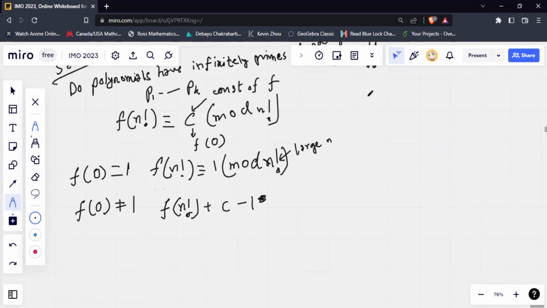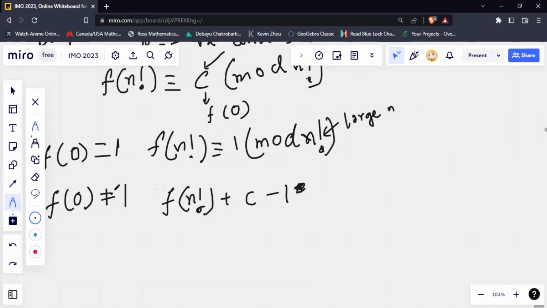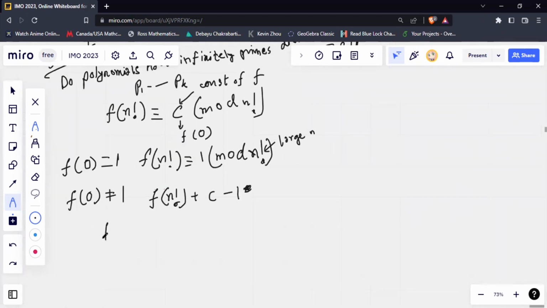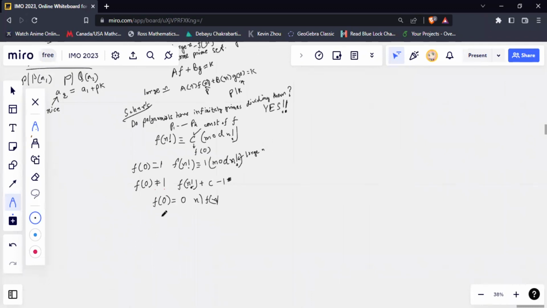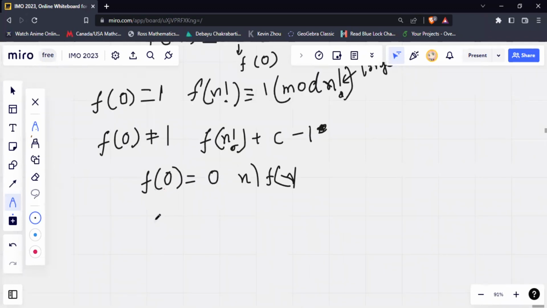Wait, no. Okay, so what if f of 0 is 0? You can just take any prime and enjoy. F of 0 equals 0 is clear, right? Because then n divides f of n always. Okay, so we ignore this case and do the magic substitution.